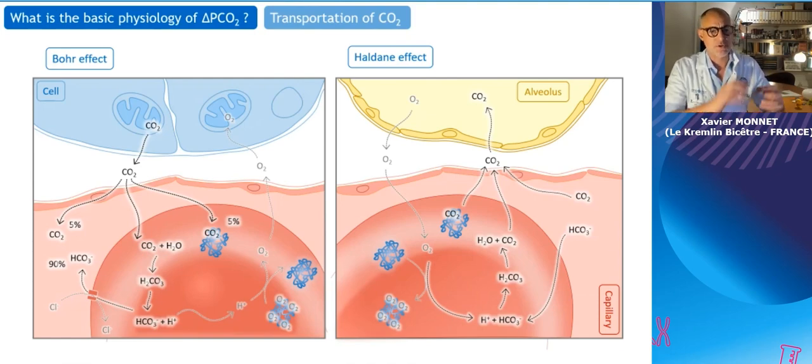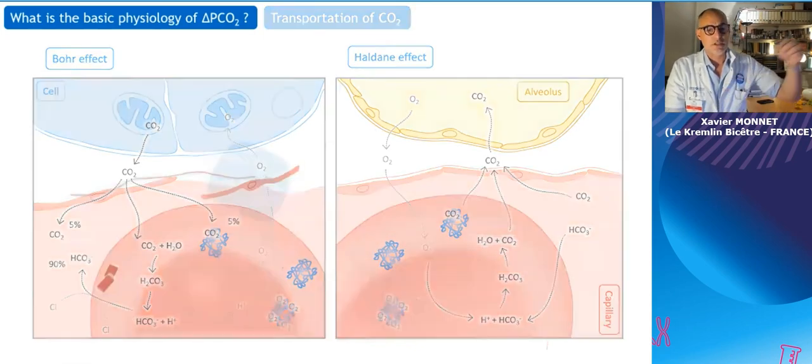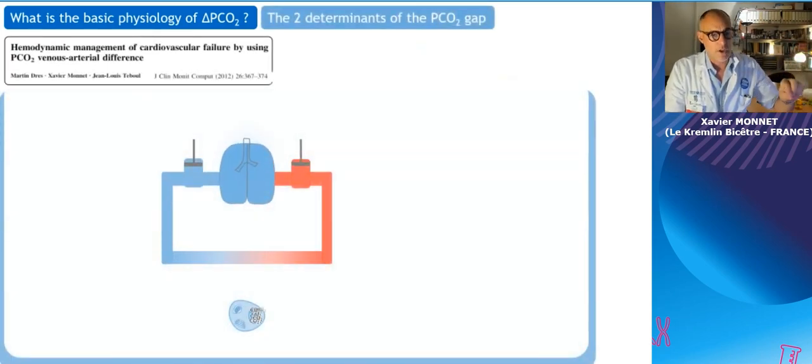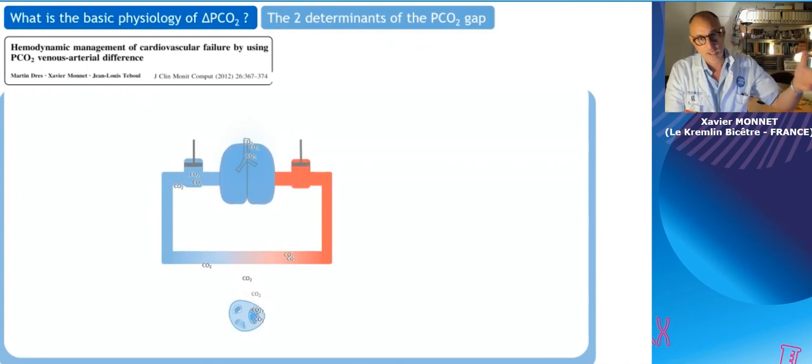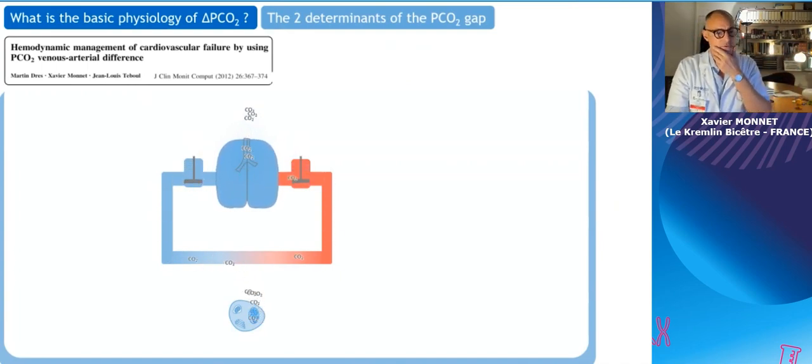CO2 is also dissociated from the NH3 extremities of globin, and CO2 eventually diffuses toward the alveoli and is eliminated. In other words, CO2 is produced by the cell metabolism. It is transported toward the lungs through cardiac output, and eventually it's eliminated through the lungs.